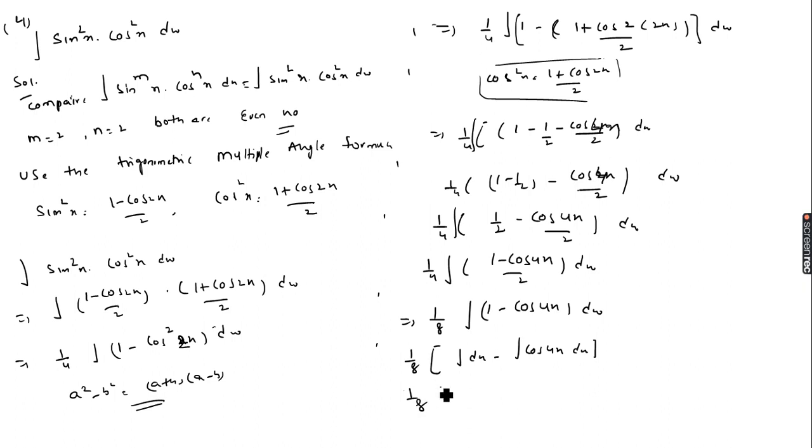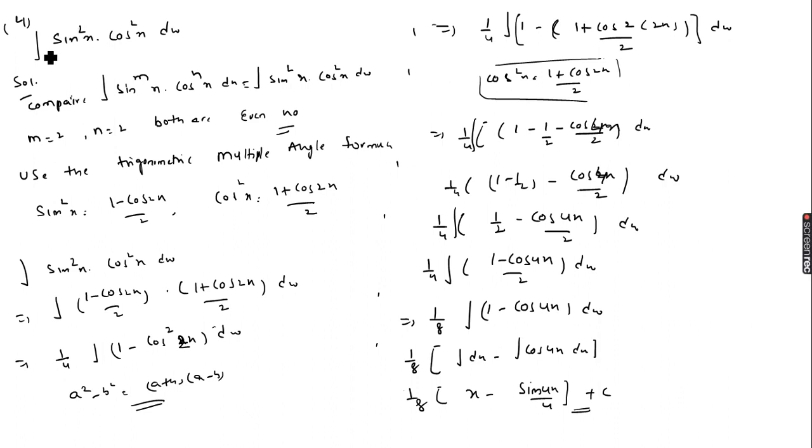Finally we get 1 by 8 into x minus integration of cos 4x, nothing but sin 4x by 4. Okay, so therefore we get 1 by 8 into x minus sin 4x by 4, plus c. So that is how we can solve this problem.